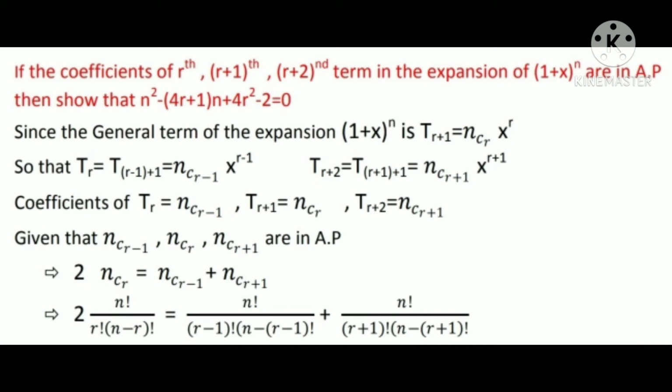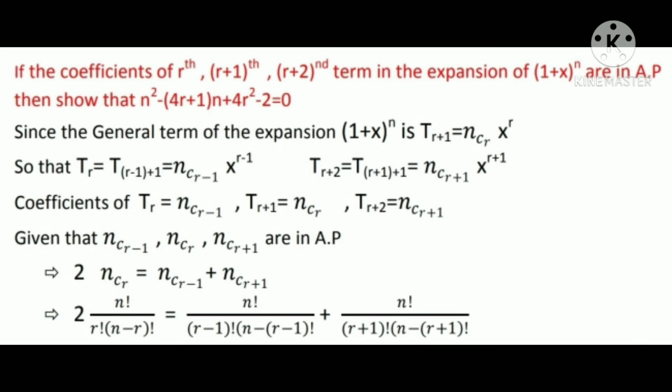On the left and right side, write the factorials in terms of the least factorial. In the numerator we have n!, take it as it is. In the denominator, (r−1)! is the minimum, and one more factor in the denominator is (n−r−1)!.